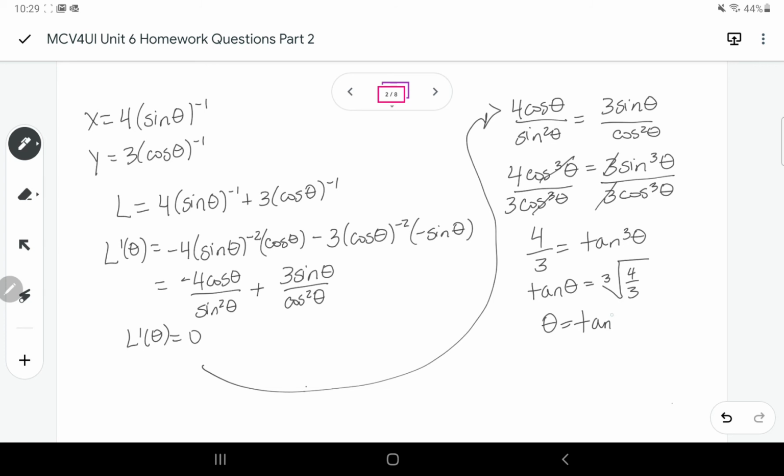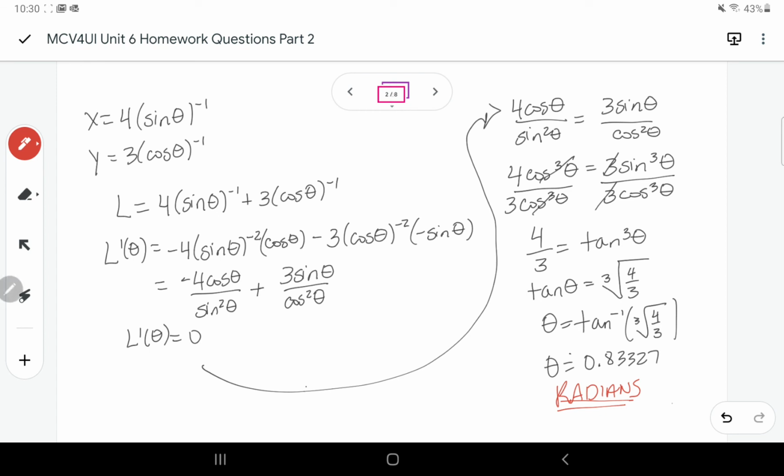So you're going to do inverse tan on the cubed root of 4/3, and we get theta is about 0.83327. And make sure you're using radians. For all calculus stuff, when you're doing trig in calculus, you have to have your calculator in radians. Okay. So then we would go back and test the length.